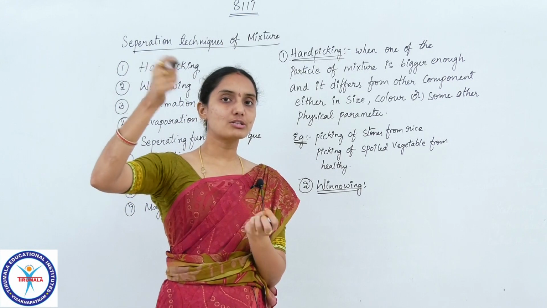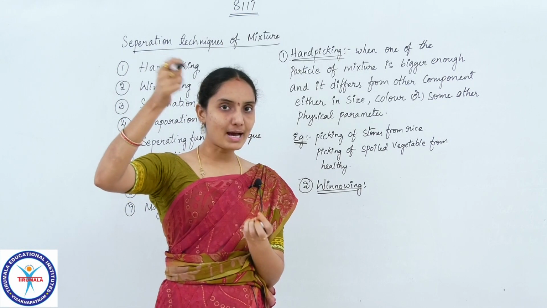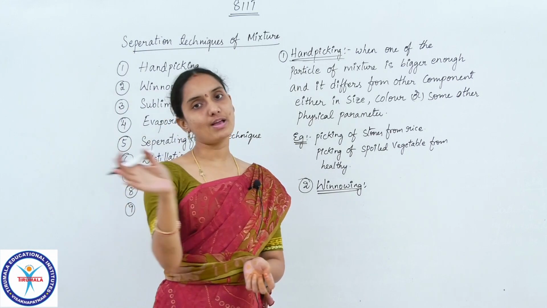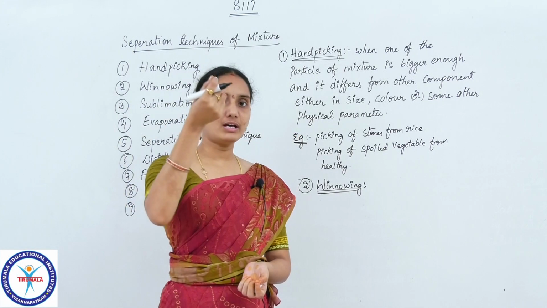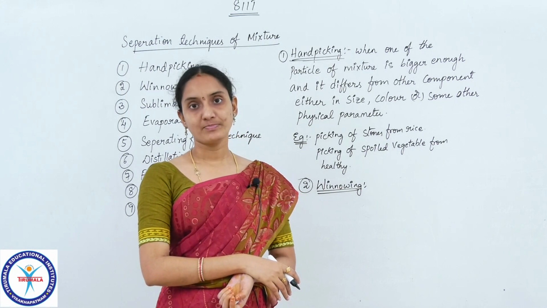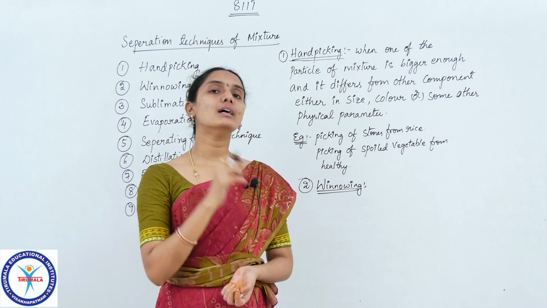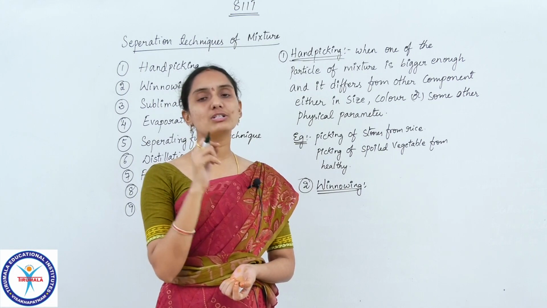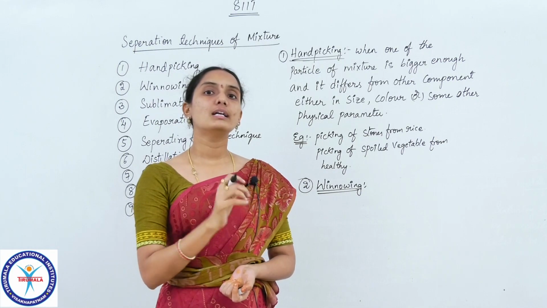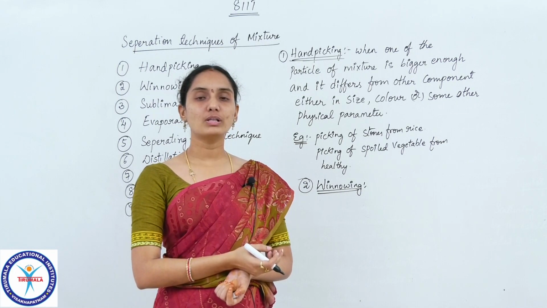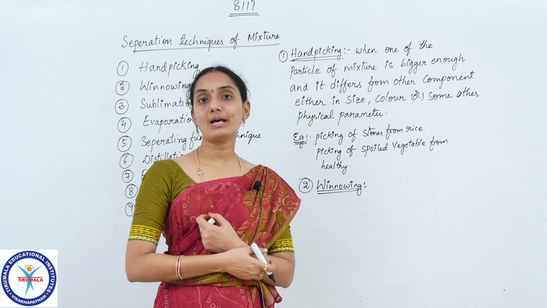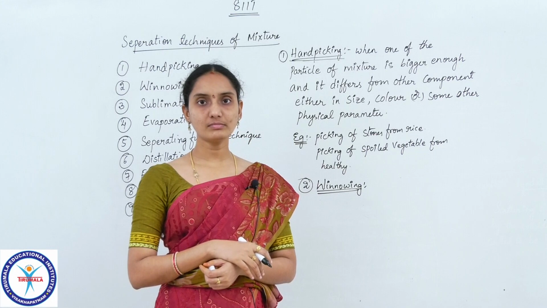If they shake the wheat particles in the wind, what happens? The lighter husk particles move away with the wind and the heavier wheat particles remain down at that place. So here we are separating the components just due to what difference, children? Difference in their density. The lighter particles move away with wind, whereas the heavier particles settle down there.